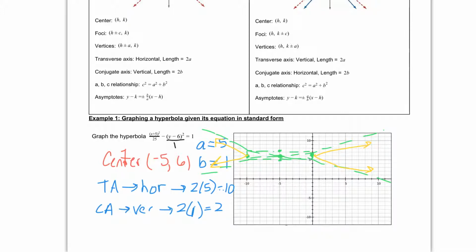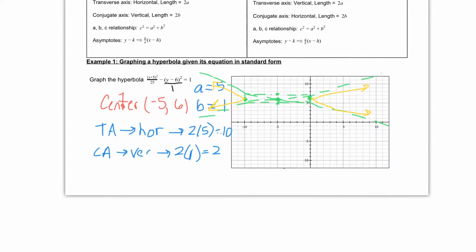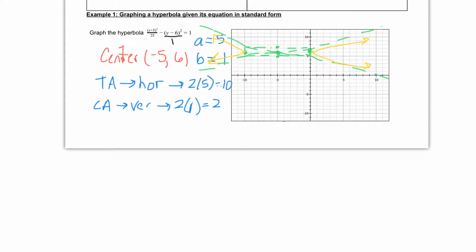Next, I want to go over with you how to do it on Alex. So if you're going to do it on Alex, I'm going to write a little note for you so you can write this down as well. The first thing that you want to do on Alex is click the hyperbola button. Number 2, you are going to plot the center.